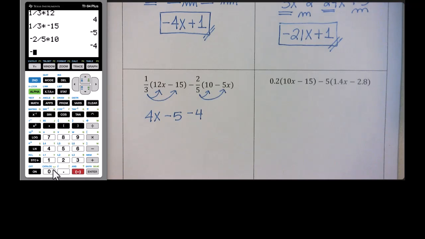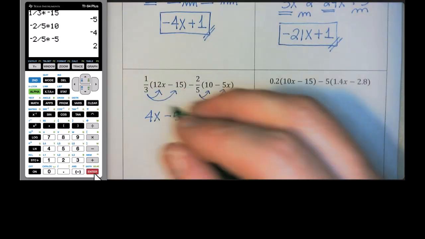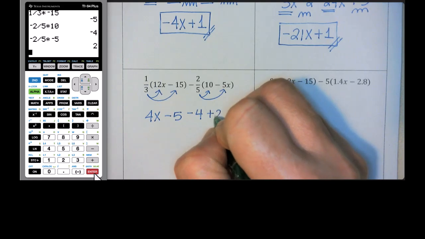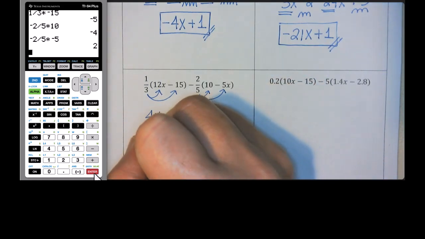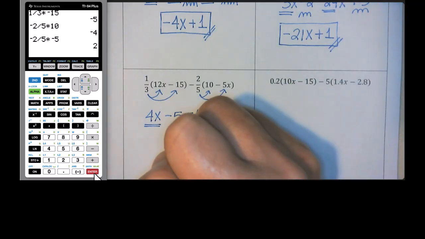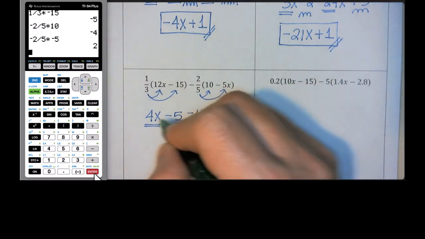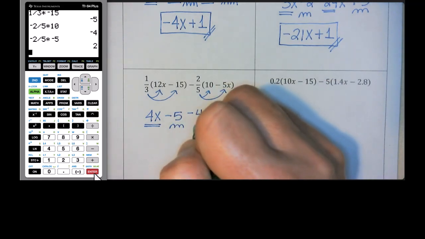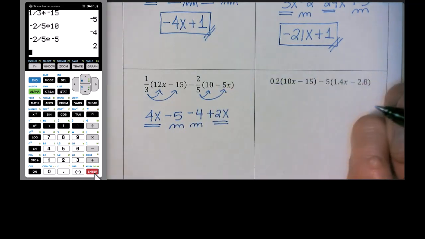And then I have -2 divided by 5 times -5, and we get +2x. So we're going to combine terms. So notice that 4x goes with 2x, and -5 goes with 4.